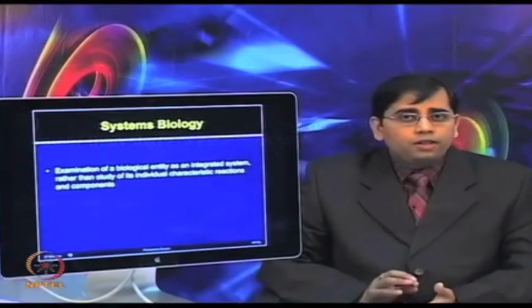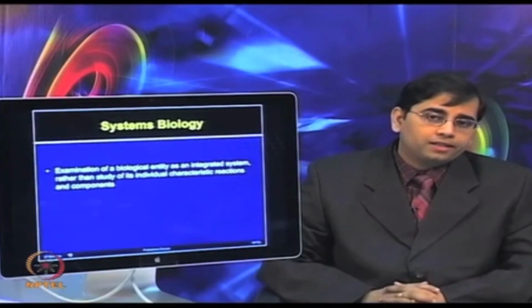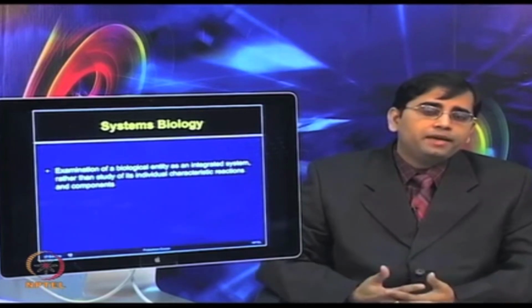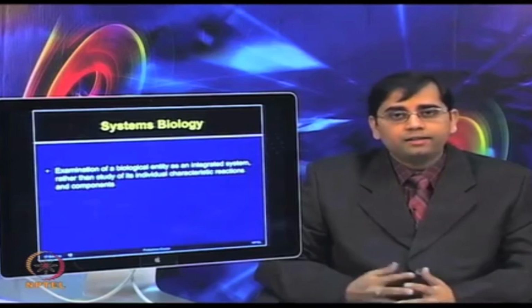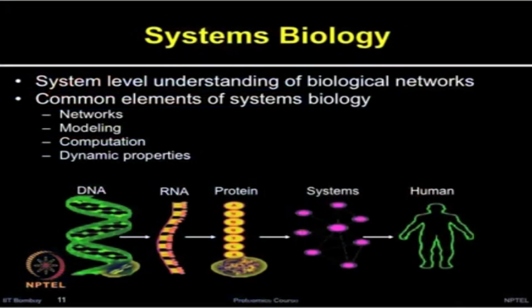A study of all the mechanisms underlying the complex biological processes in the form of an integrated system of many interacting components is studied under systems biology. The systems level understanding of biological networks requires information from different levels.